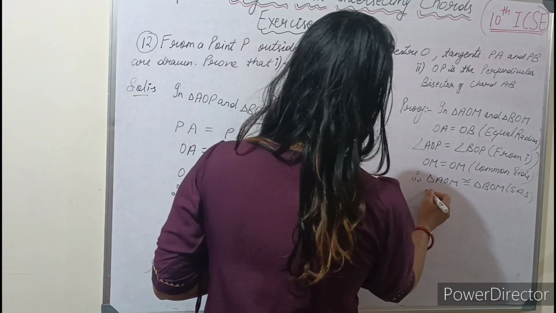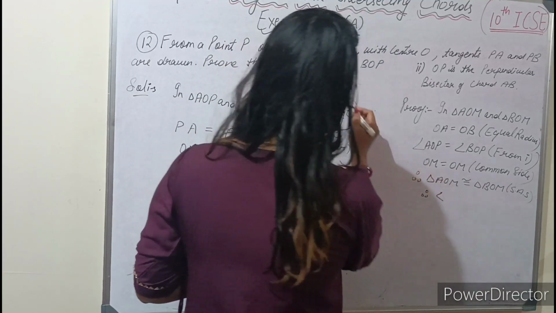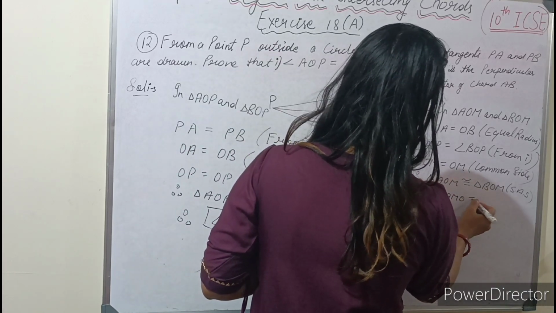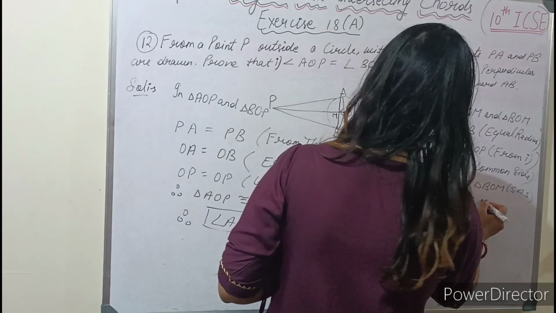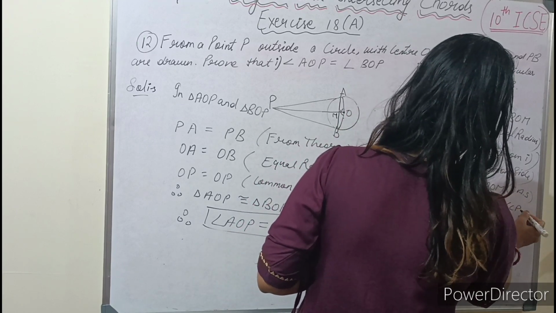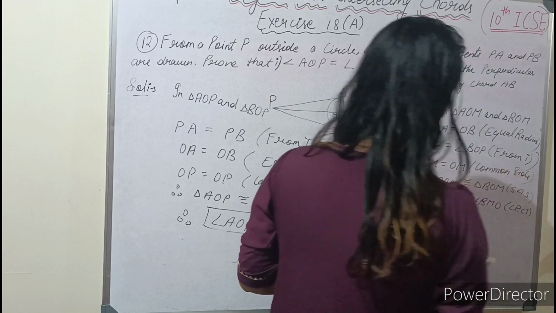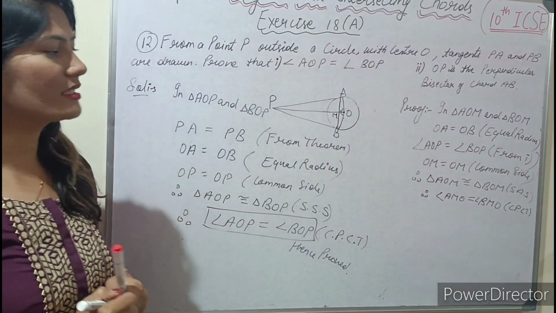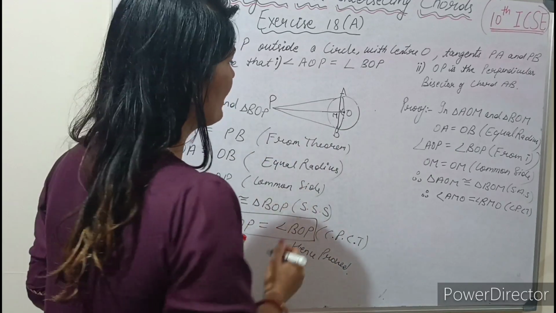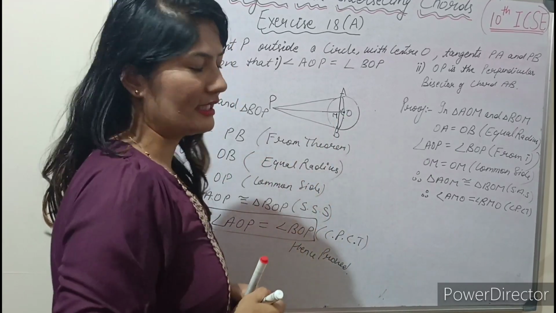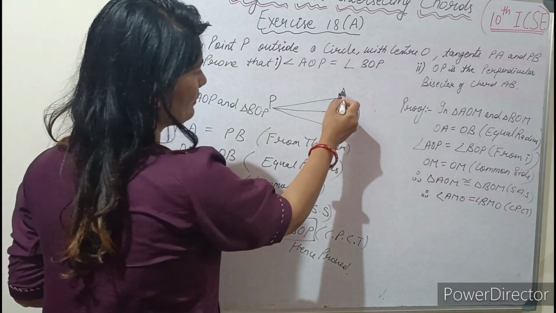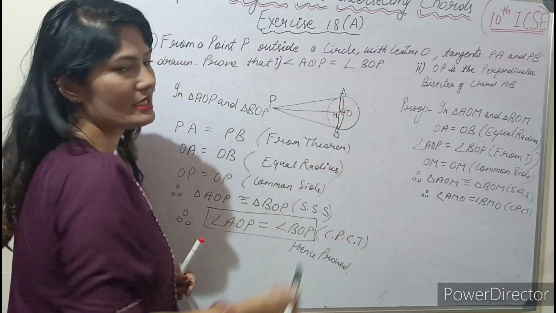So here we can write, therefore angle AMO is equal to angle BMO, and this is by CPCT. Corresponding parts of the congruent triangles are always equal. But in this case we have to prove that this angle M should be a right angle. If you see this diagram properly, AB is the chord, AB is a straight line.